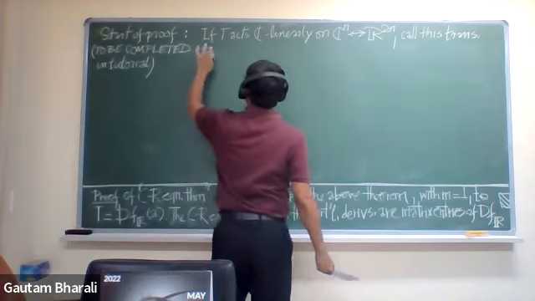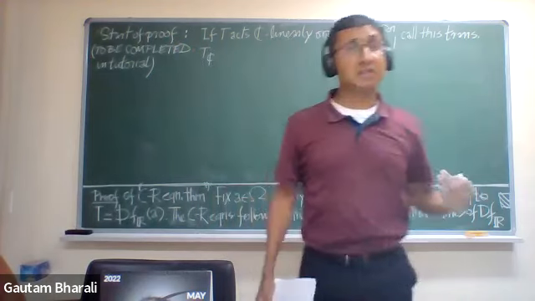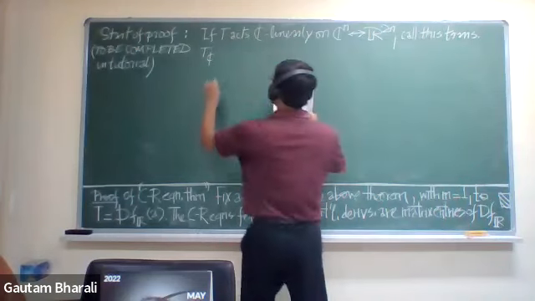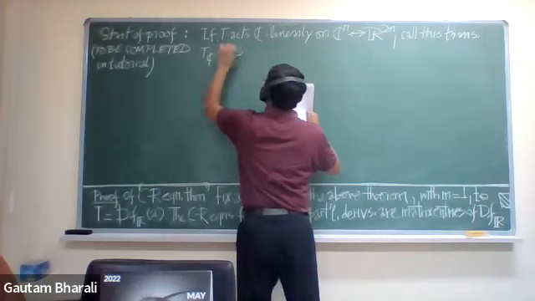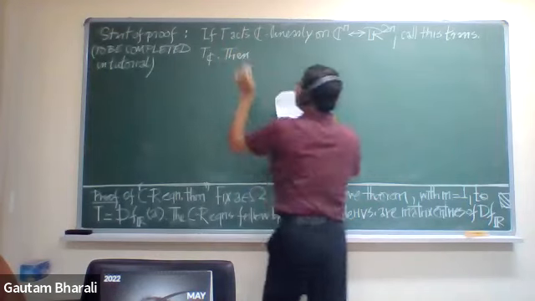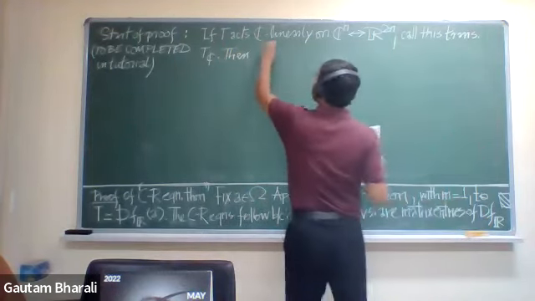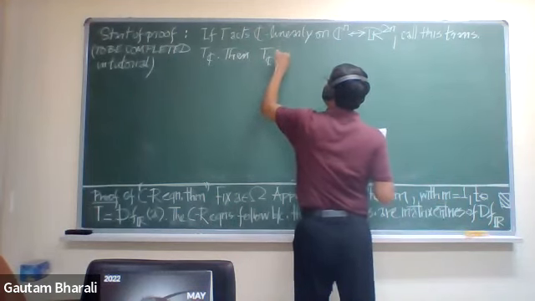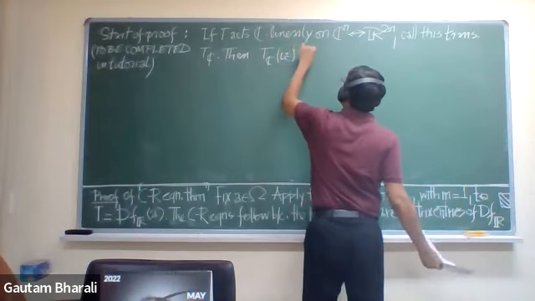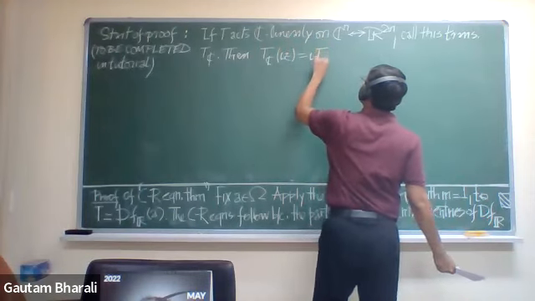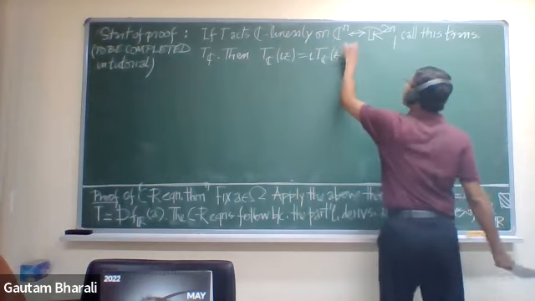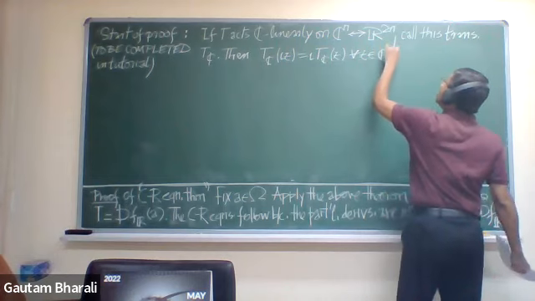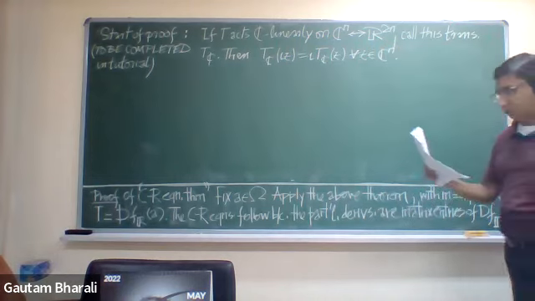So if T acts C-linearly, it's actually, rigorously speaking, a different thing. So we call this different thing T sub C, okay? Then by the very definition of C-linearity, you would have T sub C acting on i times z equal to i times T sub C acting on z for all z in Cn, okay? So this is an observation.